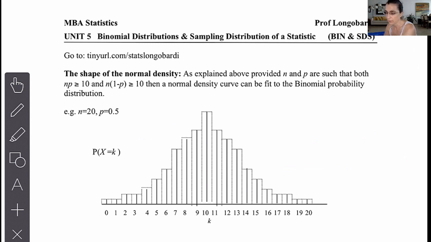But again, if p is 0.5, the distribution will always be symmetric. But other than that, if p is not 0.5, you can conduct this check. So in this case it is, so let's just work with what we have.